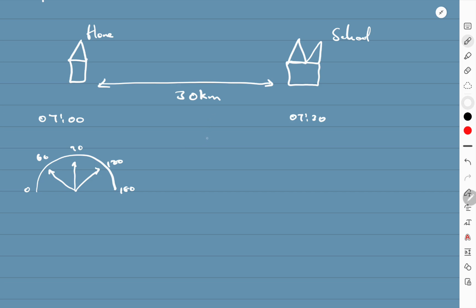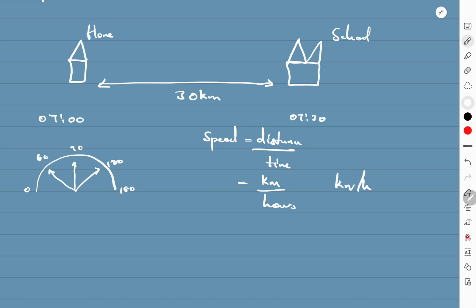The formula for speed is given as distance divided by time. That is the formula for the speed, right? The distance should be in kilometers and the time should be in hours. That is why we have kilometers per hour, right?